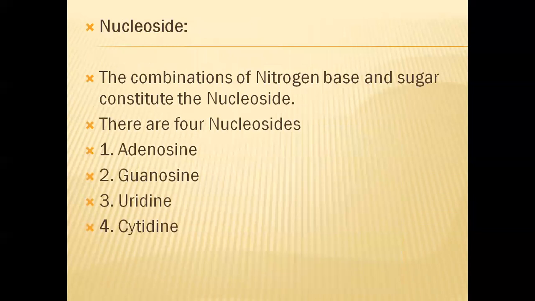So next, nucleoside. What is a nucleoside? A nucleoside is a combination of nitrogen base and sugar. In RNA, there are 4 nucleosides because 4 nitrogen bases are there: adenine, guanine, cytosine, uracil.